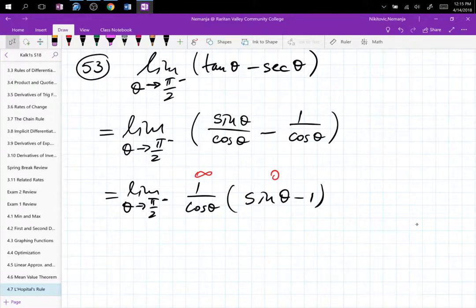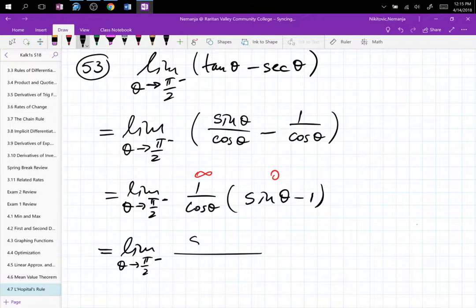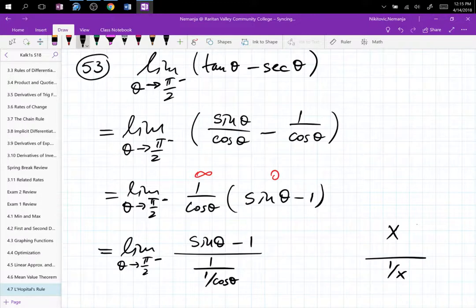Now I need to flip. Theta goes to pi over 2 from the left. On top I have sine theta minus 1. The denominator in this case is confusing, because this thing is 1 over cosine theta. It's not just x; if it was just x, then the denominator would be 1 over x.